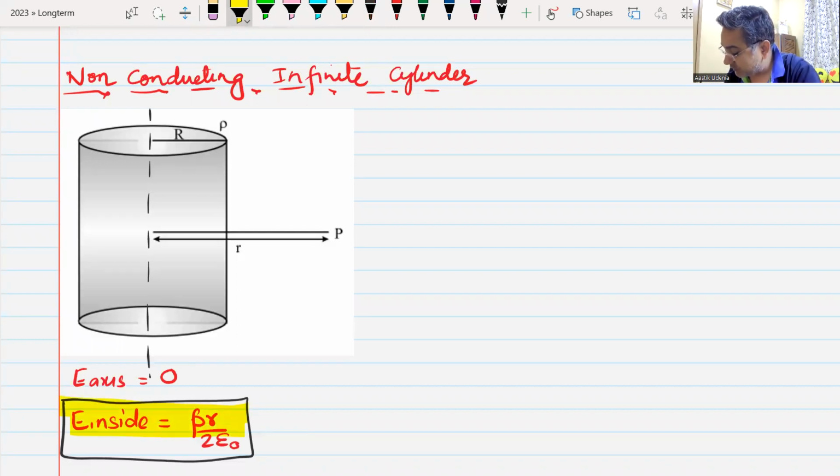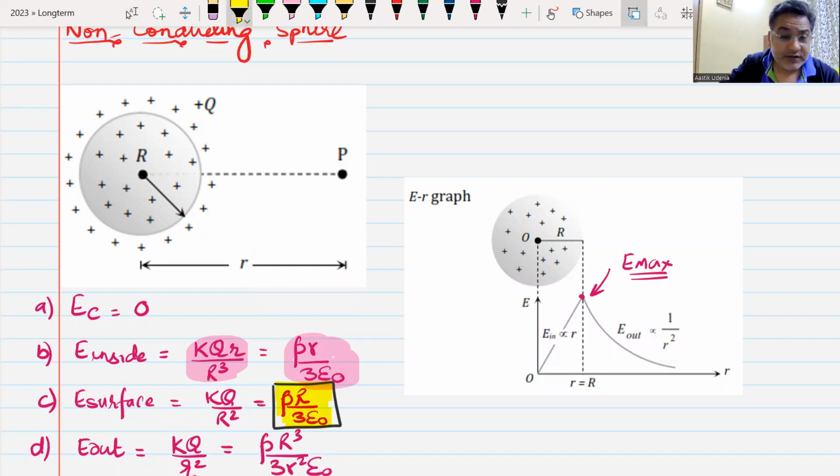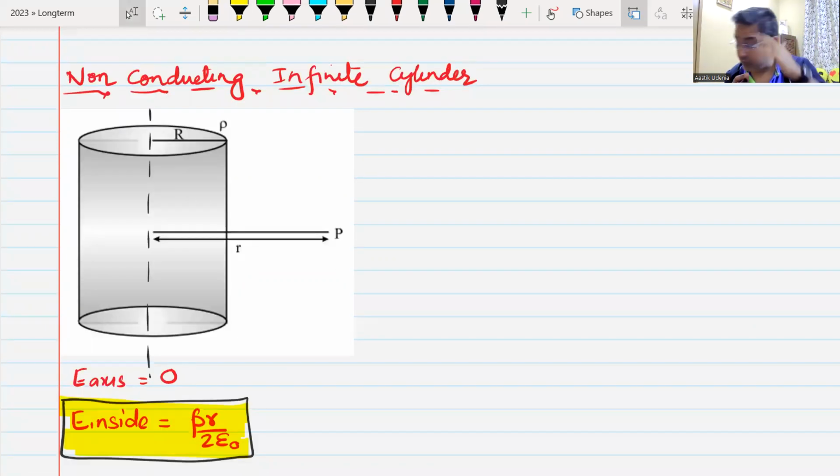And if I take you back to the electric field inside the sphere, it is rho r by 3 epsilon naught, and that is how I remember it. Electric field inside is rho r by 2 epsilon naught for this one.